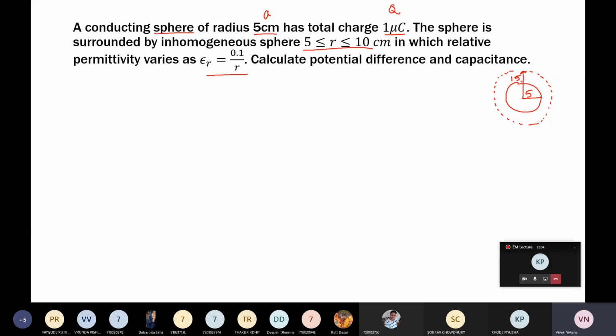Okay, so we do have here permittivity, this time not a single value but expressed as 1.1 upon r. Okay, so this is the understanding of the numerical.